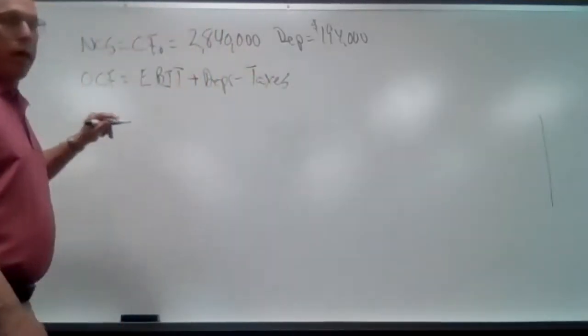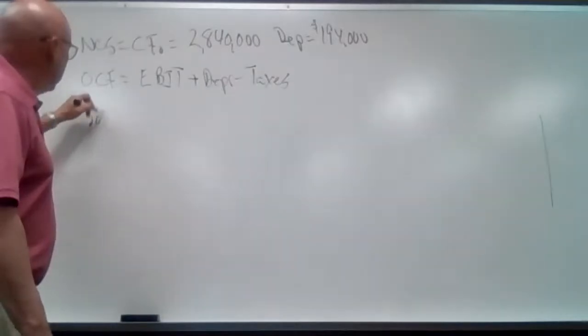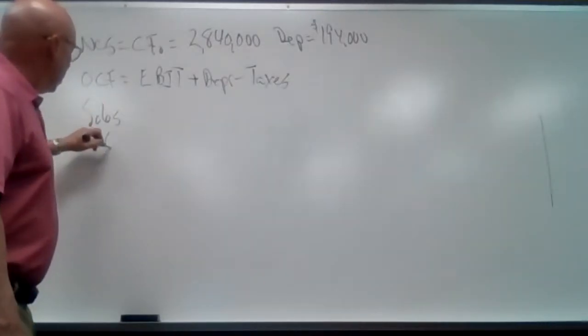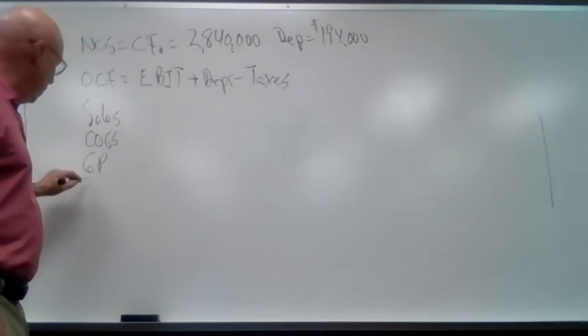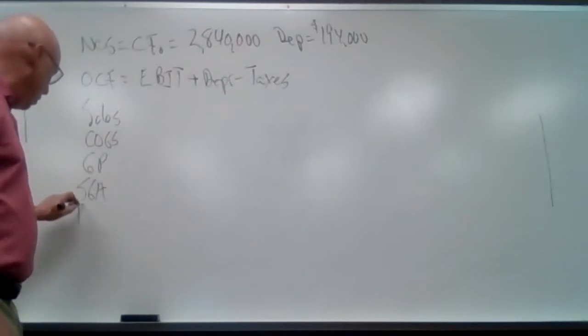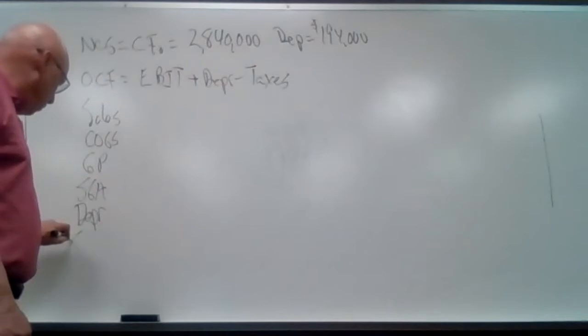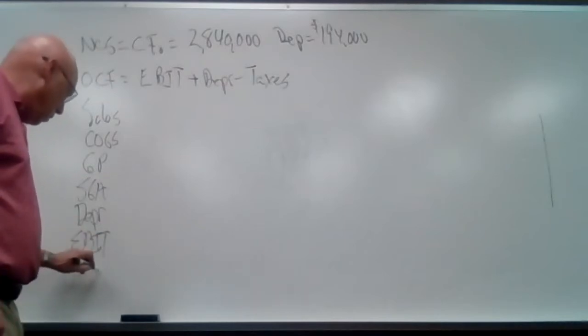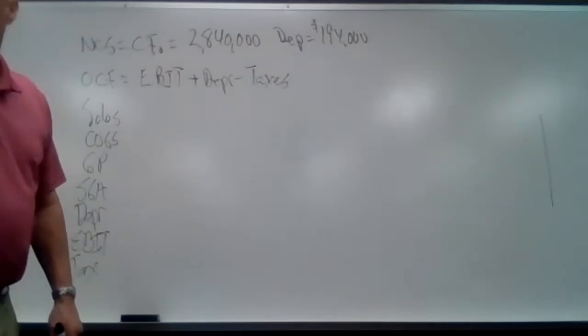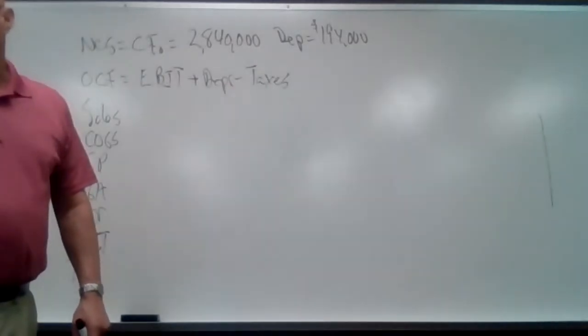And so to get EBIT, we're going to have to do an income statement. So we have sales, cost of goods sold, gross profit, SG&A, depreciation, EBIT, and taxes. Okay.